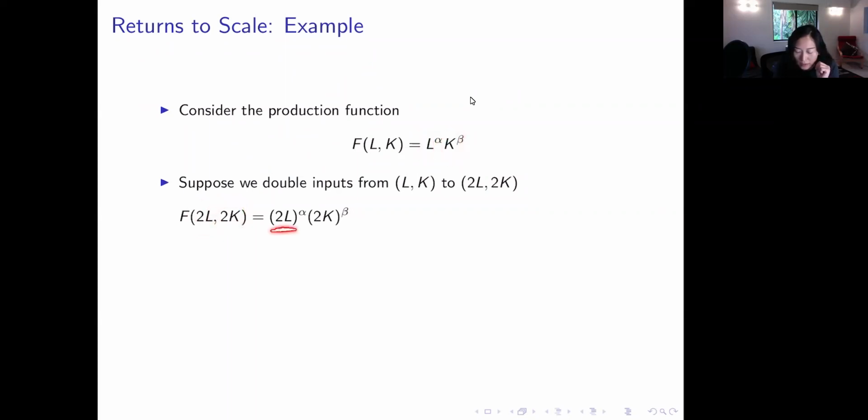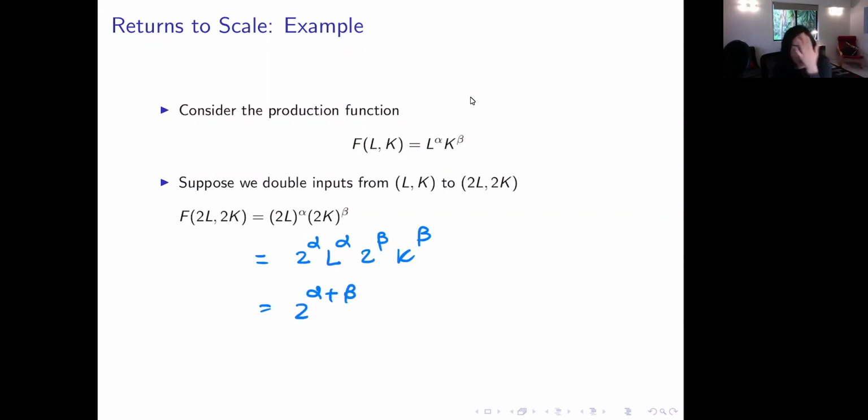Instead of L to the power alpha, now I have 2L to the power of alpha. Just think of 2L as a new variable instead of L, and 2K instead of K. So I get 2 to the power alpha times L to the power alpha, times 2 to the power beta times K to the power of beta.